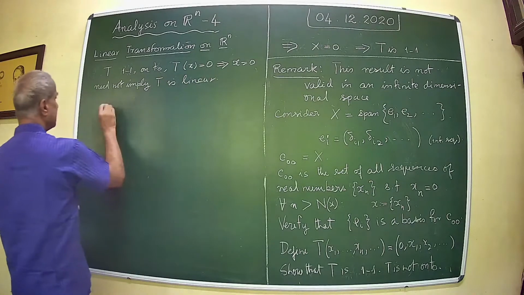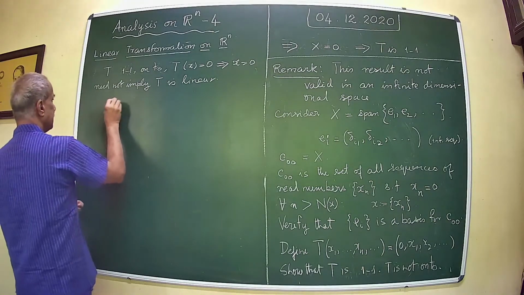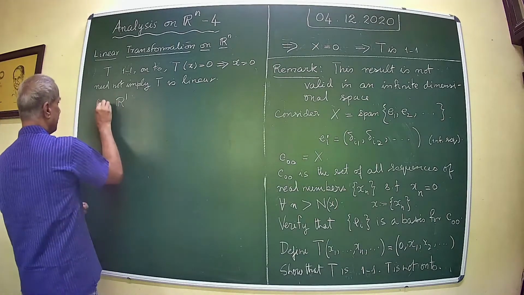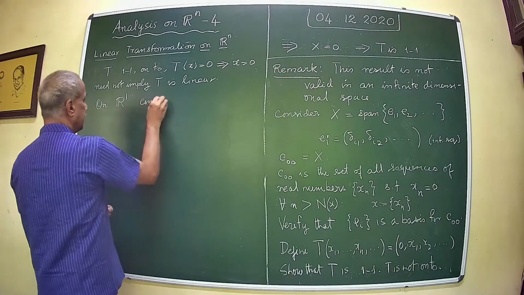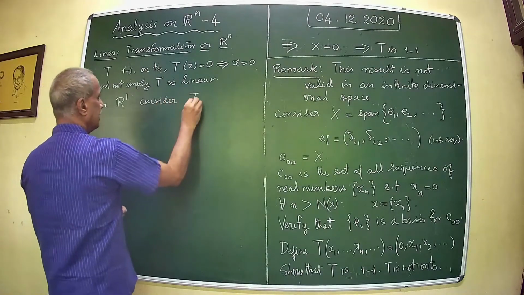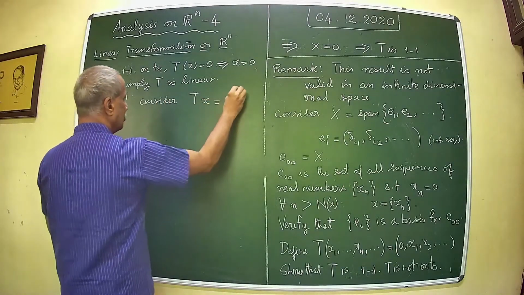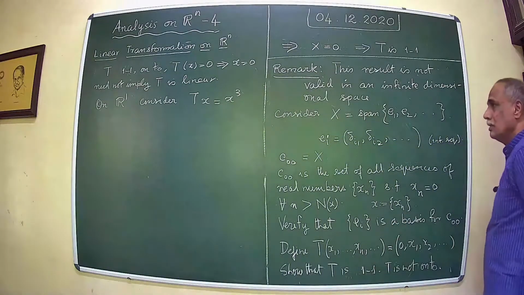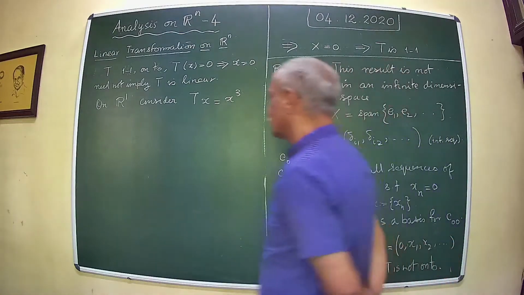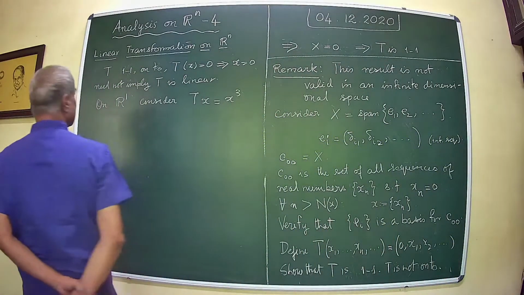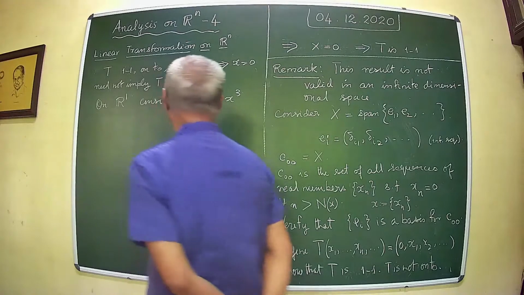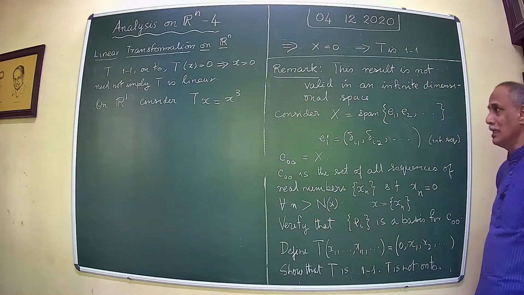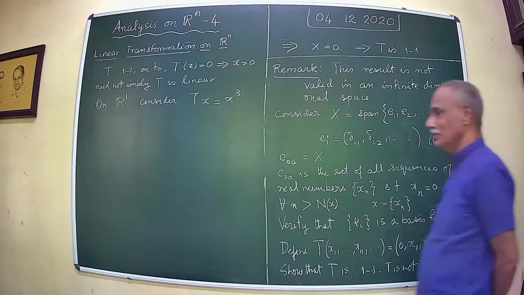So an example is you take R1, on R1 consider Tx equal to x cube. This is not linear, obviously, but you can show that this is 1 to 1, this is onto, and Tx equals 0 only when x equals 0.